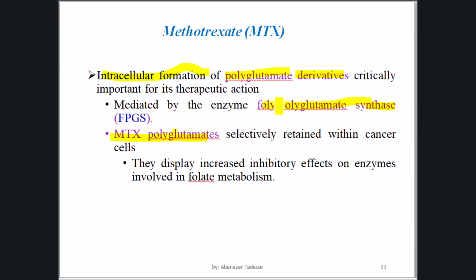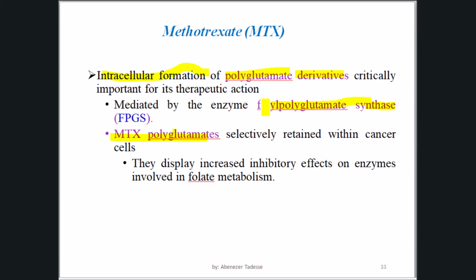This is to increase the folic acid amount, because polyglutamation traps folic acid within tumor cells to use for DNA synthesis, or purine and pyrimidine synthesis. For DNA synthesis, they mostly use folic acid. So to trap the folic acid within tumor cells, they increase the expression of the polyglutamate synthase enzyme.